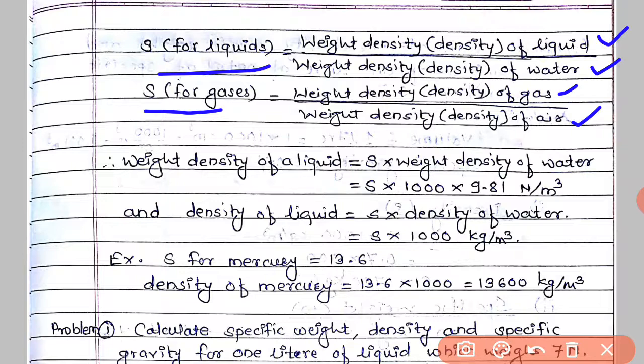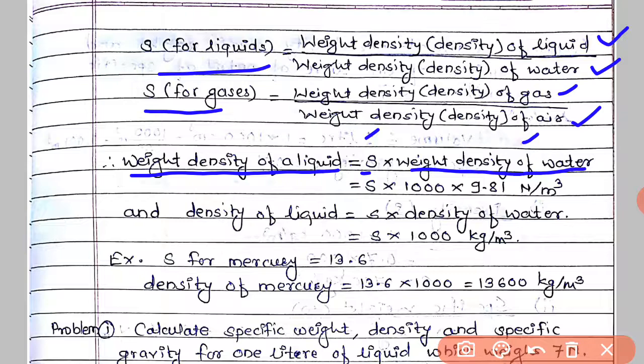So weight density of a liquid is equal to specific gravity into weight density of water. If specific gravity and weight density of water are known, we can calculate the density of the given liquid.